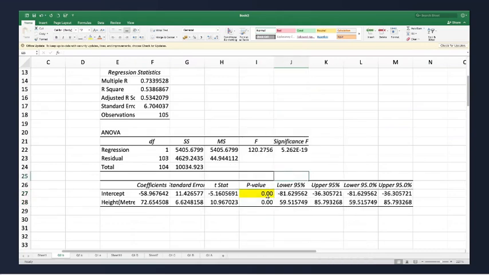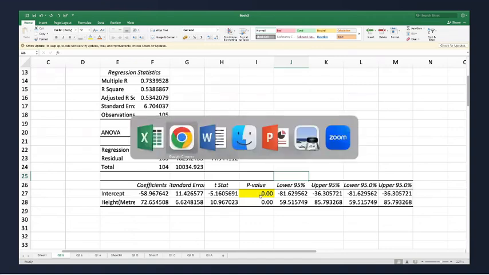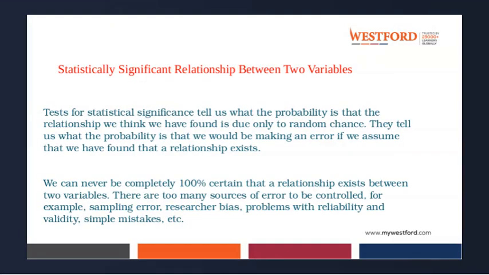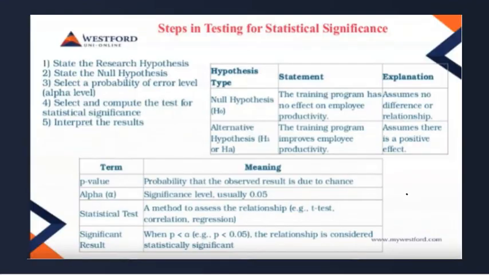So p value is less than 0.05. If you remember, to check whether my test is statistically significant or not, I have to look at the p value. So let me come back to our PowerPoint. If my p value is less than 0.05, the relationship is considered statistically significant.